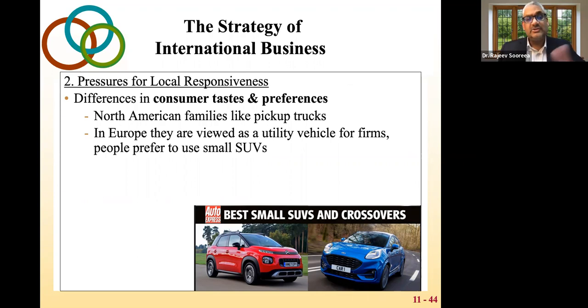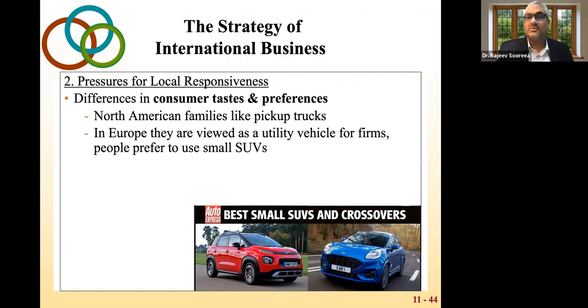So that is related to the second piece, which is consumer taste and preferences, right? So if consumers like pickup trucks, like in the US, they like large pickup trucks, but in Europe, they like smaller vehicles, then you need to provide them with smaller vehicles, right? If people in California like to run electric cars, so you need to have electric vehicles.